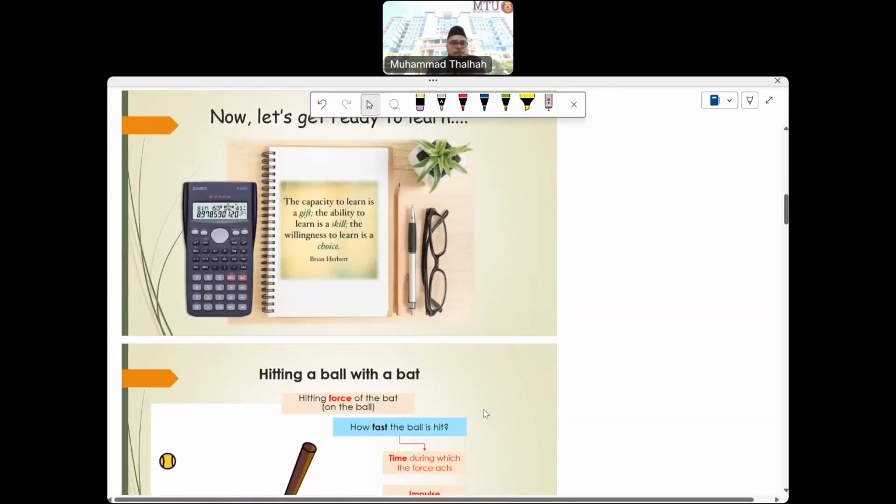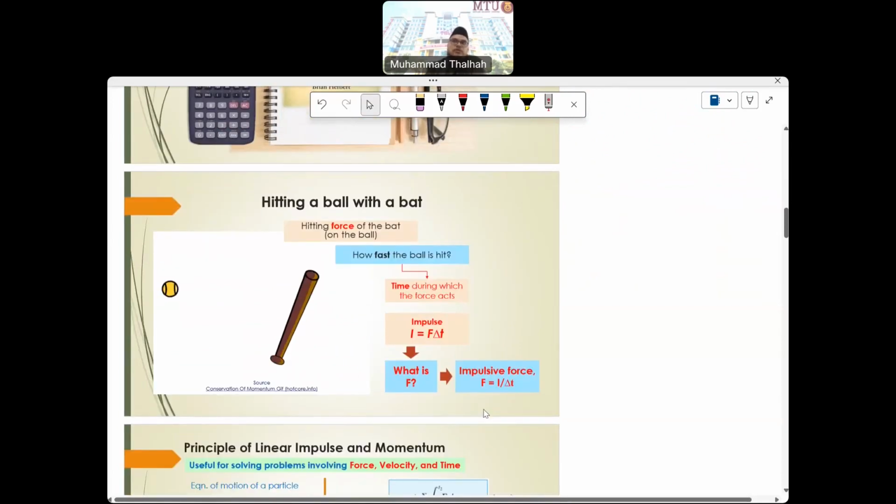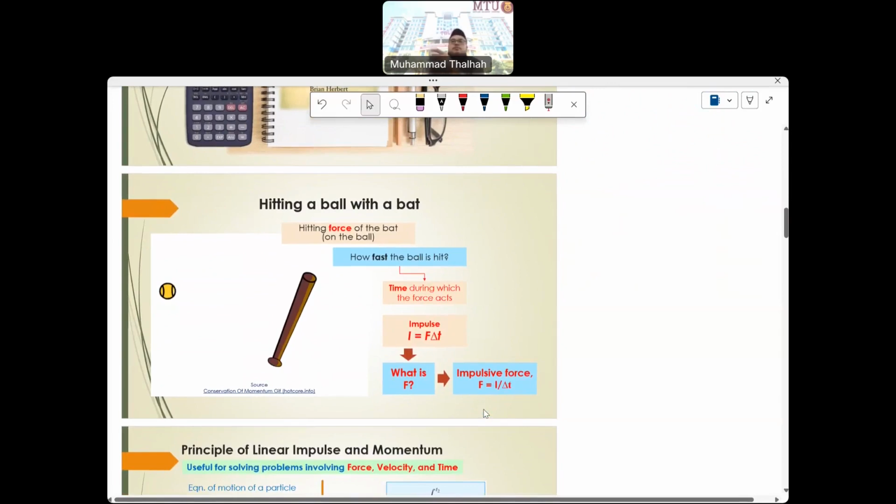If we look at a baseball bat, usually we swing the bat, right? We just don't wait until the ball comes and hits the bat. Why? Because we want to reduce the time of contact between the bat and the ball.